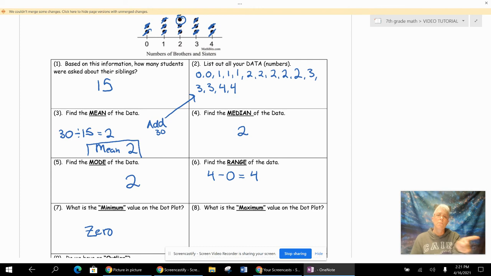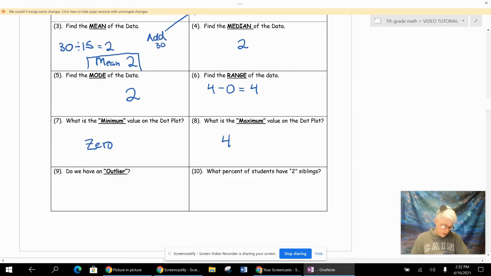Just because there's a number on the line doesn't mean it's included in this data, but there is a dot above the 4, and that's the maximum value. Let's keep going. Do we have an outlier? No, we really do not have an outlier. We don't have a family that has 10 kids way on the outside. That would be an outlier, so no.